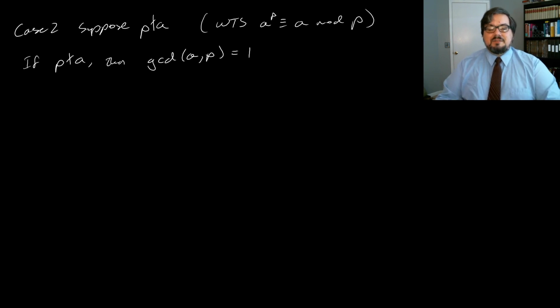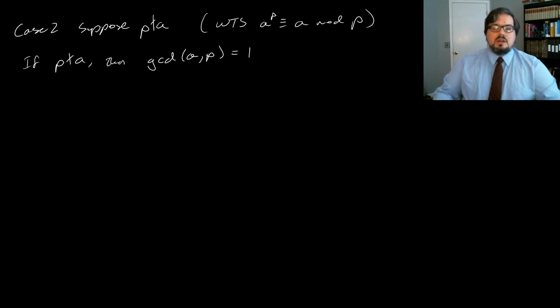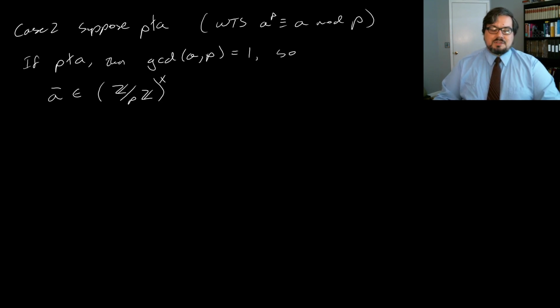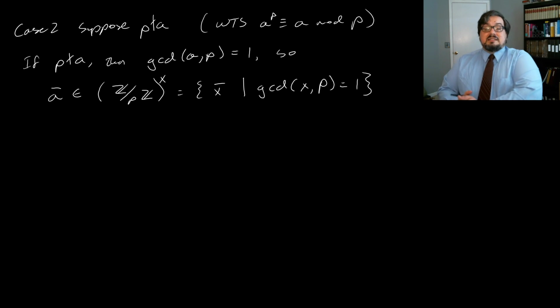The greatest common divisor of A and P is 1. And this is because P is a prime number. So, what that means is that A bar belongs to the set Z mod PZ cross. Remember, this is the set of all elements X bar, where the greatest common divisor of X and P is 1. And one of the things that we've shown is that this is a group under multiplication.